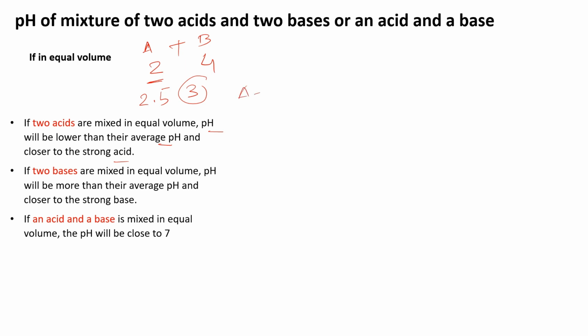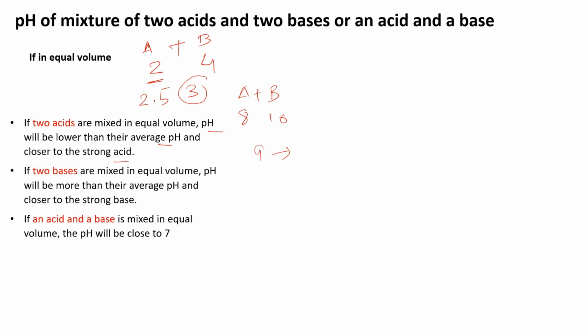If A and B, two bases, are mixed, and their pH is 8 and 10, what will be the pH of the solution having the combination of A and B? If they are mixed in equal volume, the average will be 9, but it won't come to 9. It will be slightly more than the average, closer towards the strong base. For acid, slightly lower than the average, closer towards the strong acid.